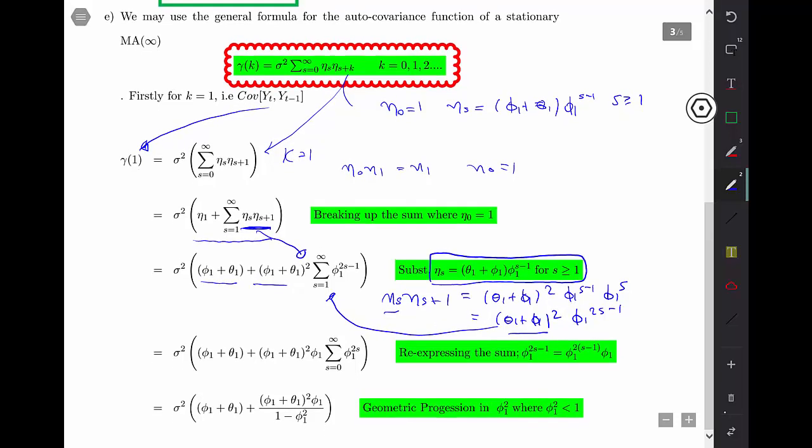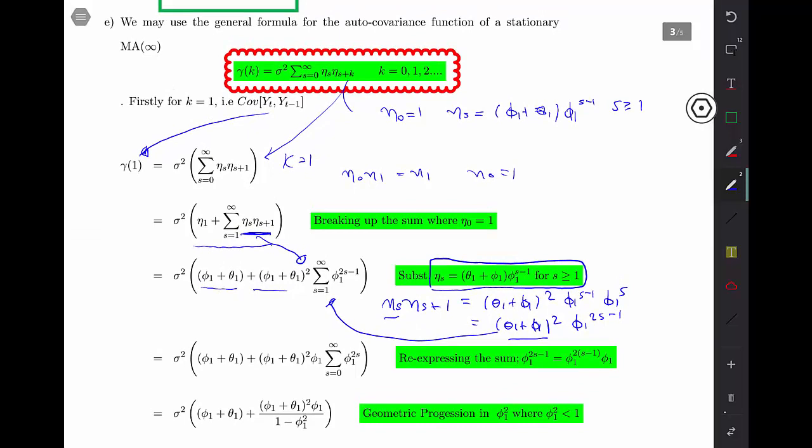Again, we can re-express, noting that we can rewrite φ1^(2s-1) as this. Because look, this on the right hand side is 2s times φ1; we just add the powers together, so we're going to get 2s minus 1 plus 1, which is just equal to φ1^(2s-1).